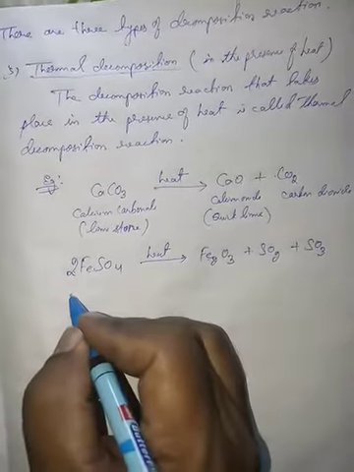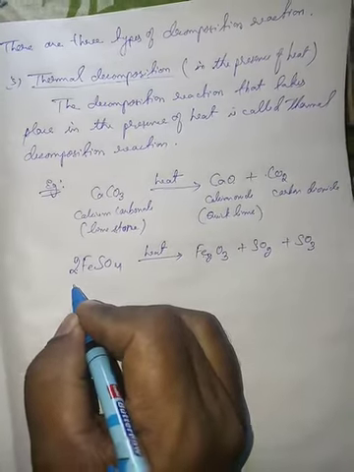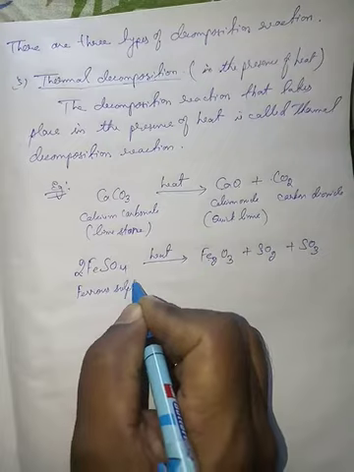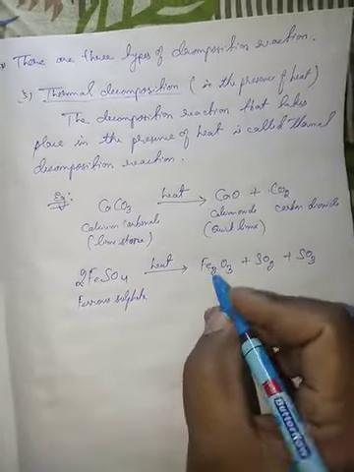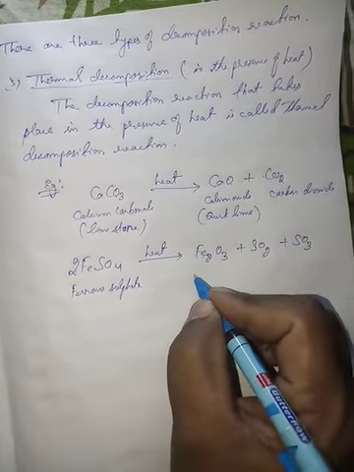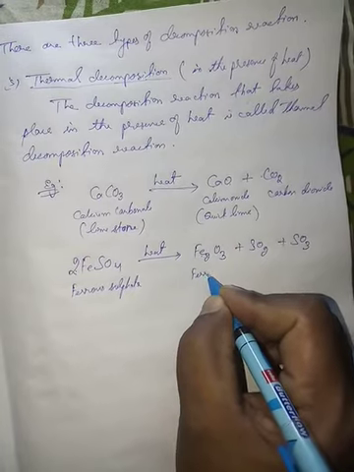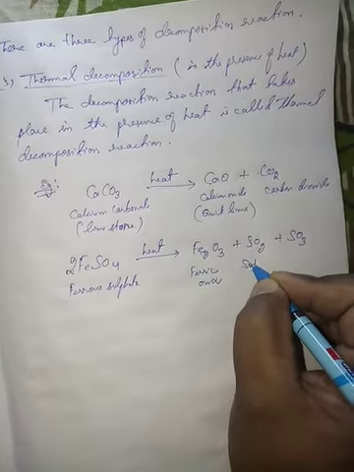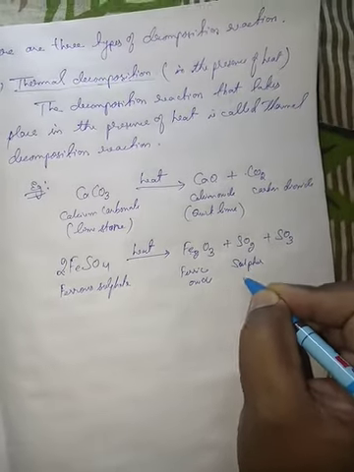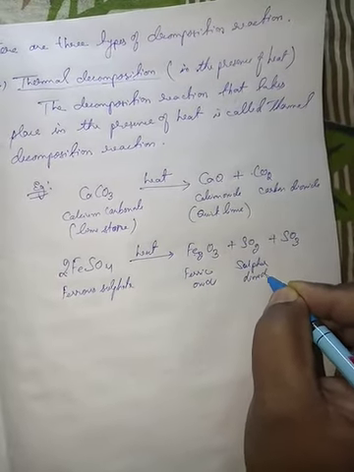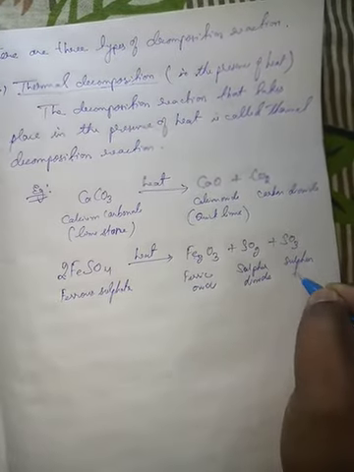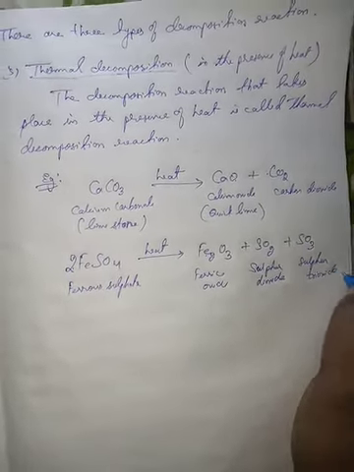It is balanced. So ferrous sulfate when heated forms ferric oxide, sulfur dioxide and sulfur trioxide. Clear?